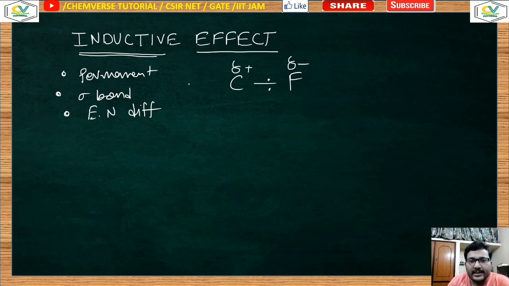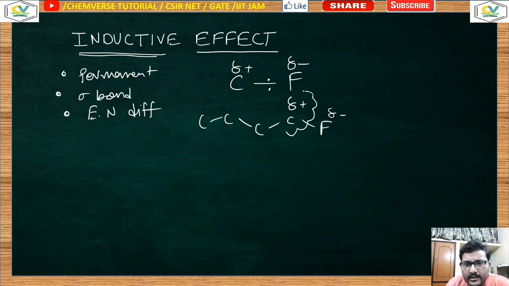Now if I think that this carbon is attached to a long carbon chain, then as this carbon becomes delta positive under the influence of the more electronegative fluorine atom, this is the first carbon, second, third, fourth, fifth and so on.